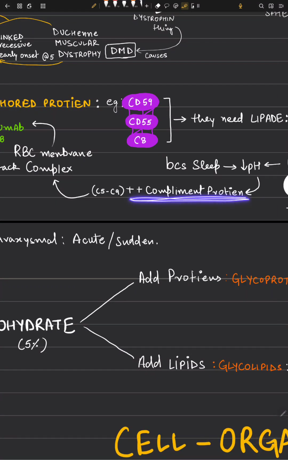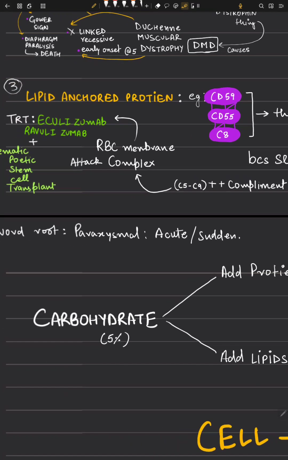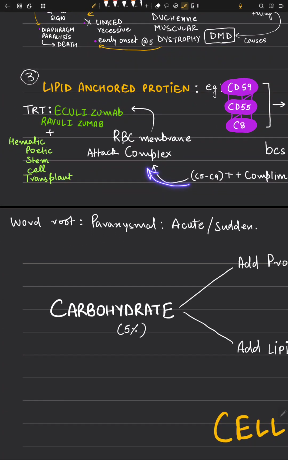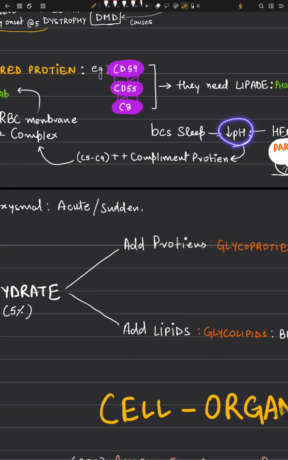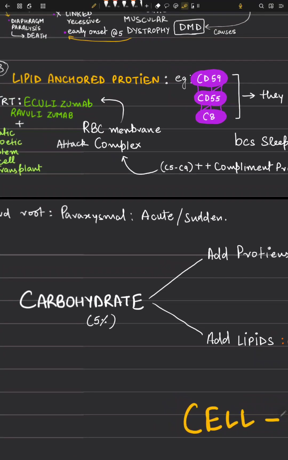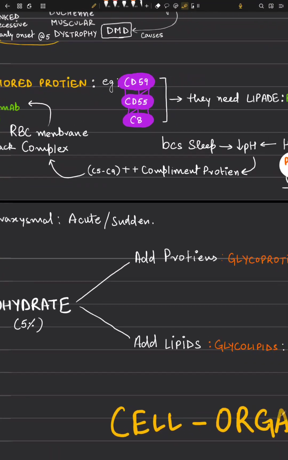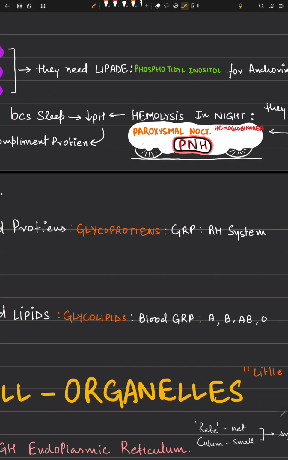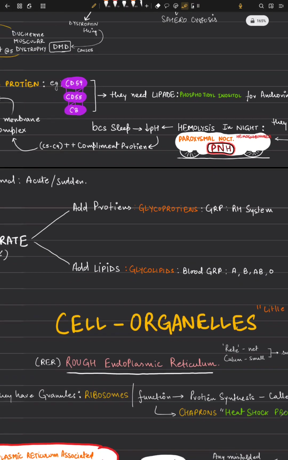Especially the C5 and C9 proteins activate something called the membrane attack complex. Then this attack starts in the night because of low pH, and eventually hemolysis starts. That's why we call it paroxysmal nocturnal hemoglobinuria, because hemolysis is happening in the night.